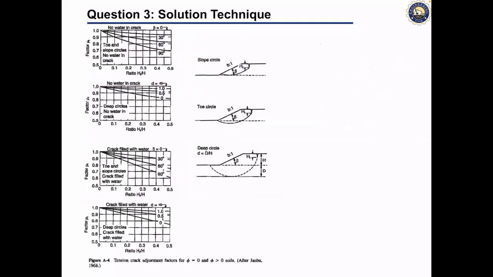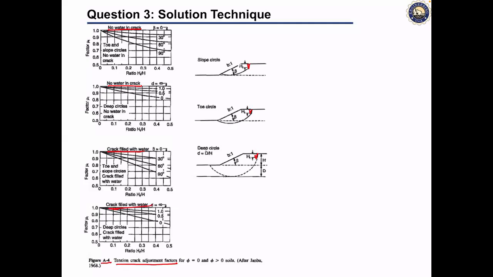Next, on figure A4, if you have a tension crack like here at the upslope layer, usually at the top layer of these slopes due to weathering or due to the effect of the cohesion, there could also be water inside the crack.